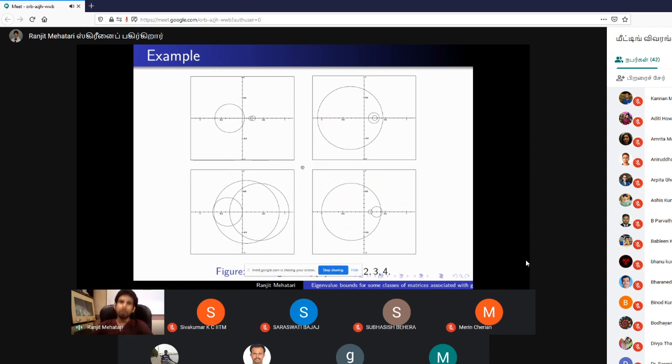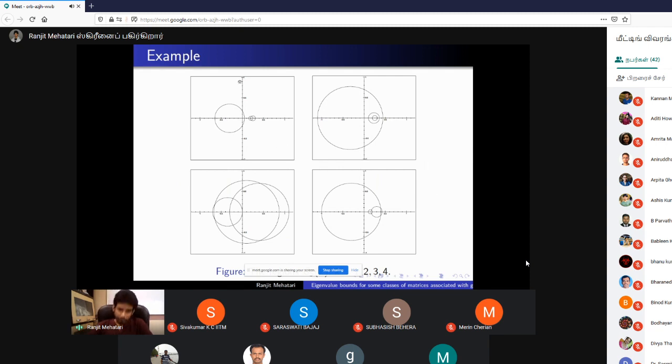All eigenvalues of S other than 1 lie in each of these regions. So if we take the intersection of all four regions, we also get a region, and that region will contain all eigenvalues of S other than 1.